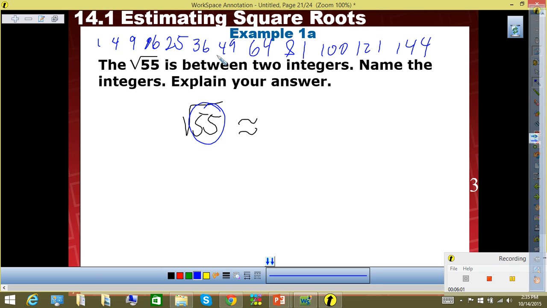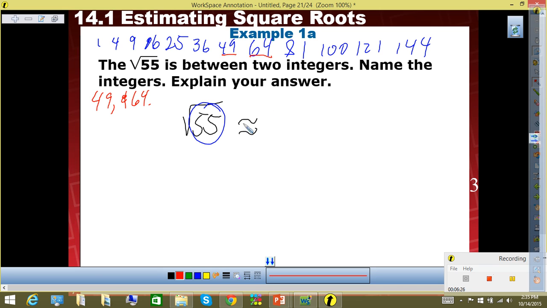Focus please. Between what two integers, entre qué dos números enteros perfectos, do we find 55? Between 49 and 64, is that correct? Yes. The question was, name the two integers, so we're going to say 49 and 64.